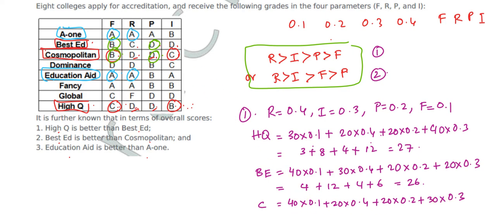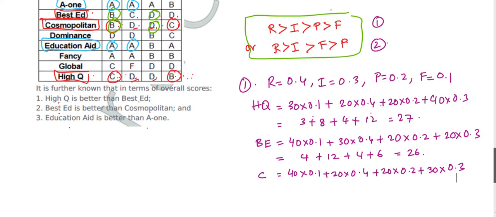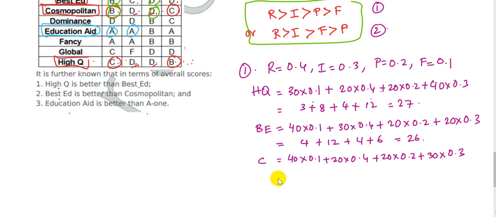So that gives us 4 plus 8 plus 4 plus 9. So 8, 9, 17, 21, 25. So this is 25. So HQ greater than B greater than C is okay.